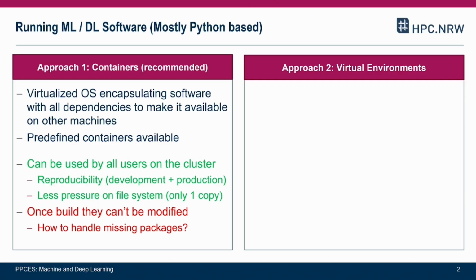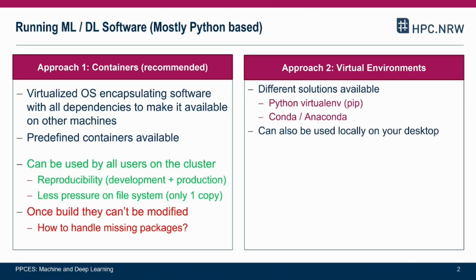Let's say we have 20,000 users and everyone installs a virtual environment. We have a lot of stuff in the file system that could be saved, and it gets slower if everyone does that. With containers, we have less pressure on the file system because we only have one copy that can be used by all users.